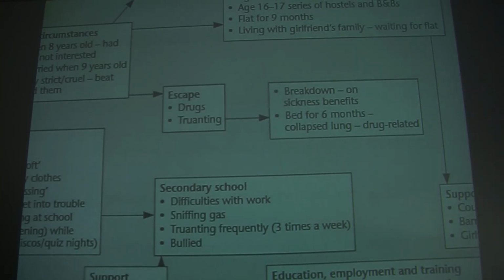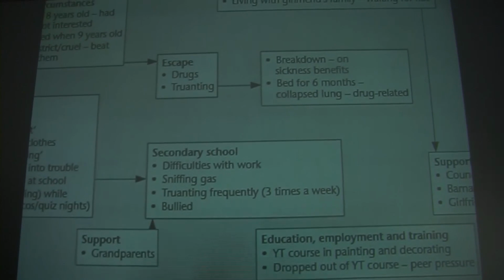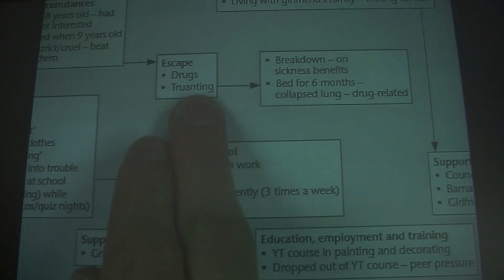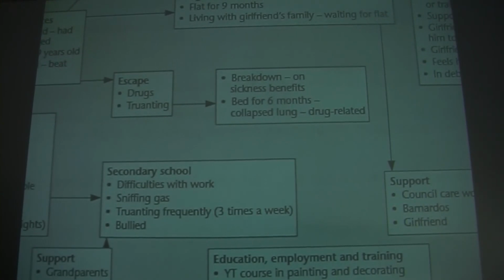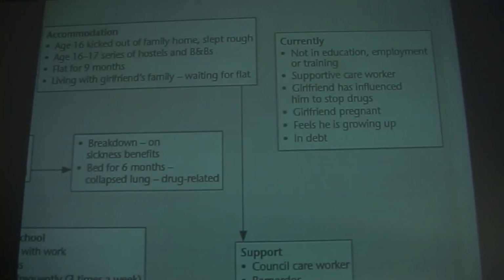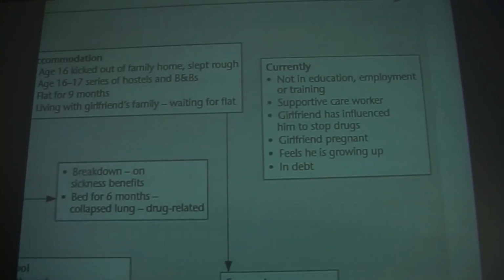School again, drugs and truanting. Then you can think about community: what role does the community have, or community work, youth work. So there are all sorts of things you can bring into that. You can see what happens when he's 19.